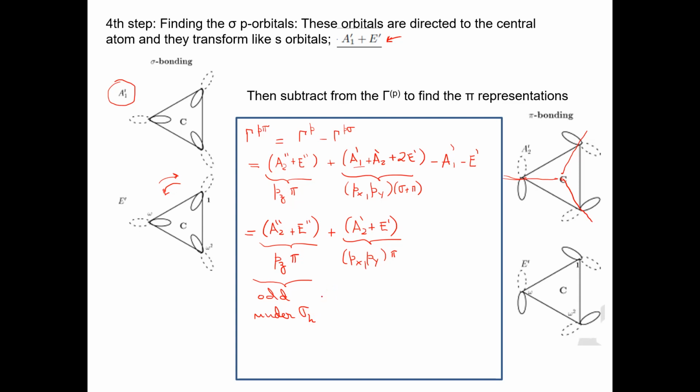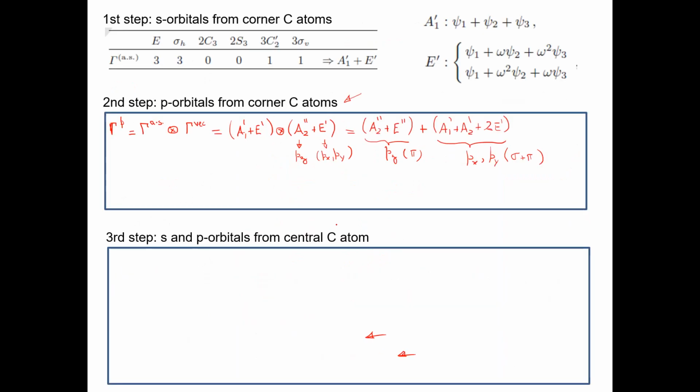Because a Pz orbital is positive above the plane and negative below the plane. So it's odd under sigma H reflection. And this is the opposite of these guys. These guys are even under sigma H. So A2 prime and E prime should be even under sigma H. So the double primes should be odd and the primes should be even. And let's check if that's the case.